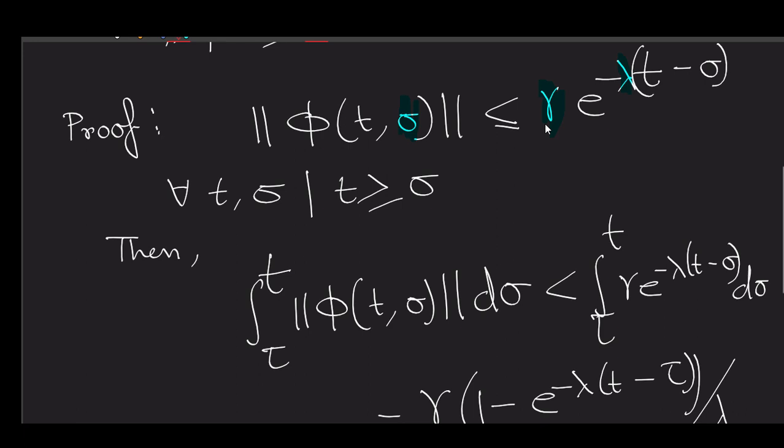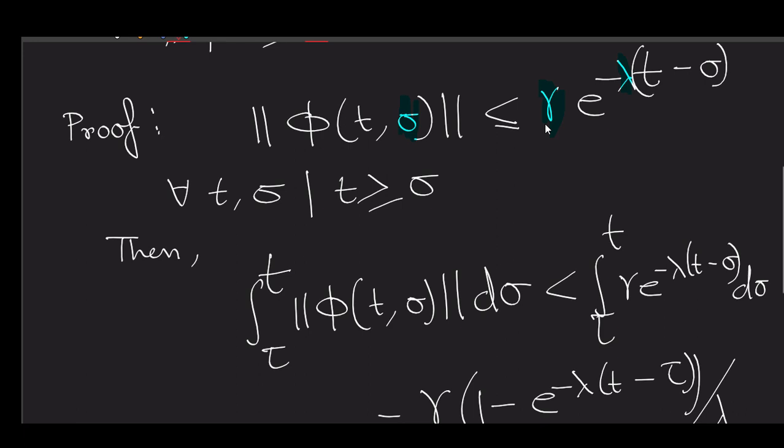Whenever you use this term uniform, you are considering a system which is not independent of its initial condition, because the system is time varying.